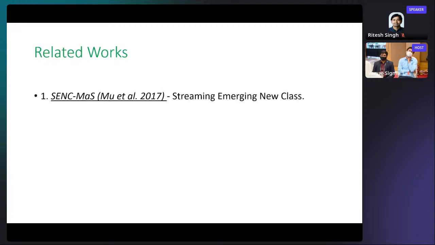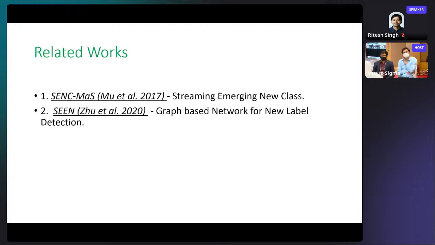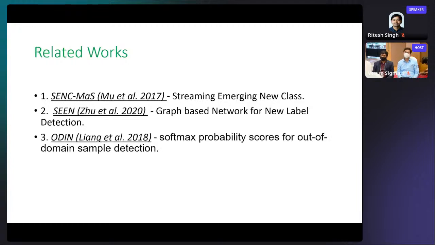So let's take the first one, ACNC-MOS, which is a 2017 paper by Mu et al., which handles streaming emerging new classes. SEEN is another algorithm by Zhu et al., 2020. It is a graph-based network for new label detection. ODIN is an algorithm by Liang et al., 2018.